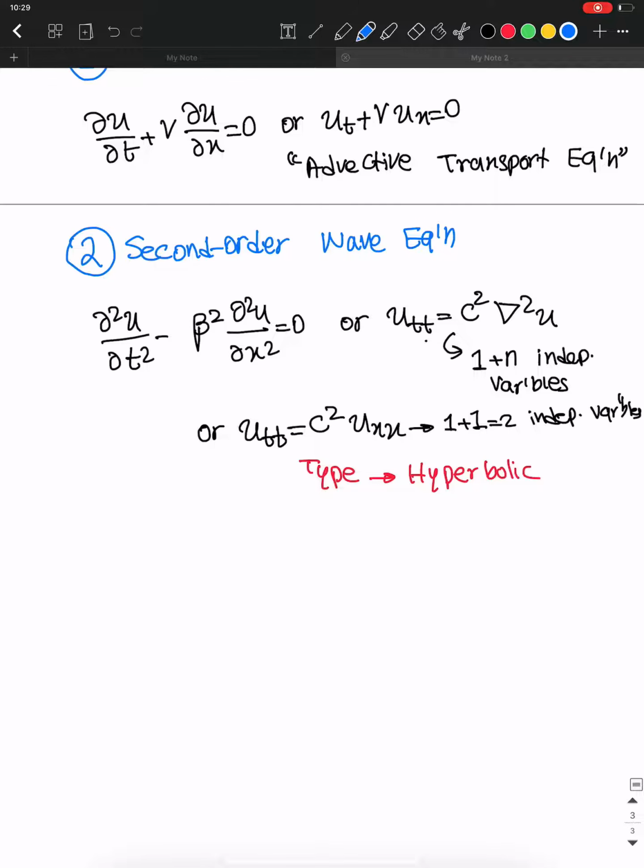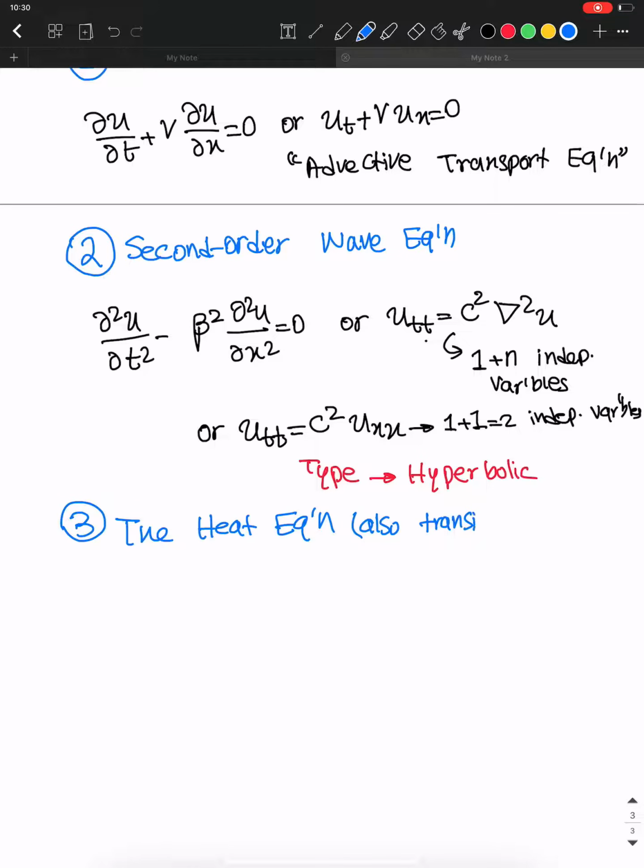So the third equation is the heat equation. This is actually how heat spreads, so heat transfer is solved with this equation.